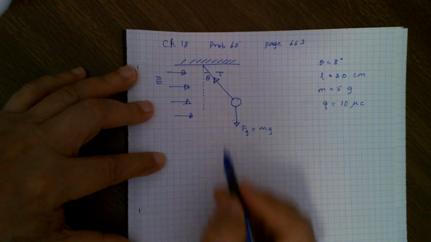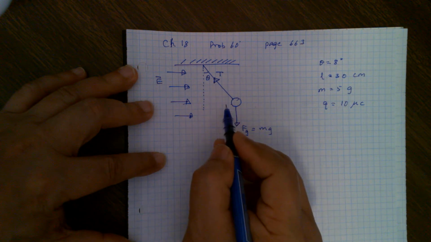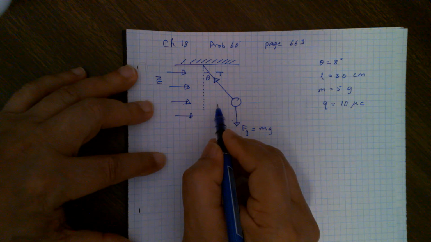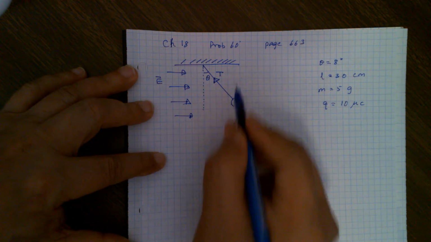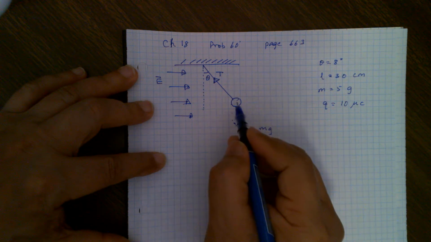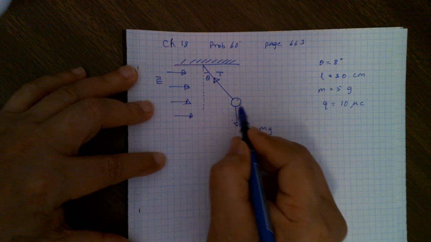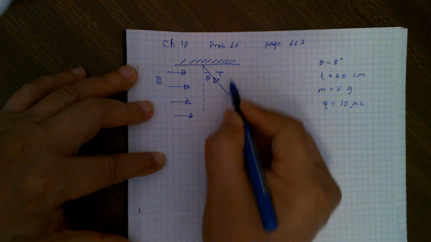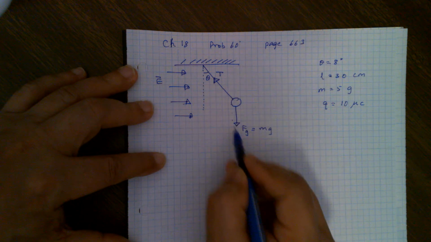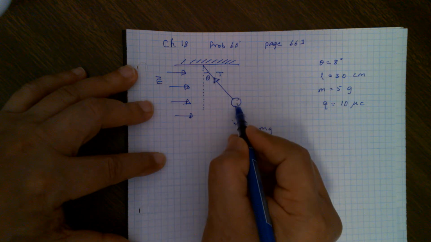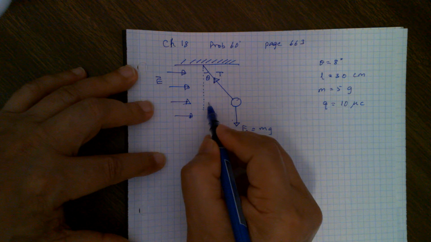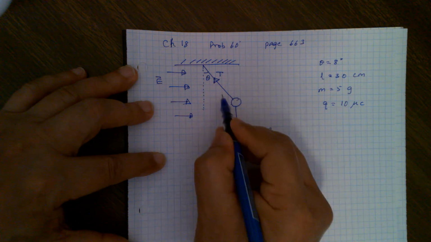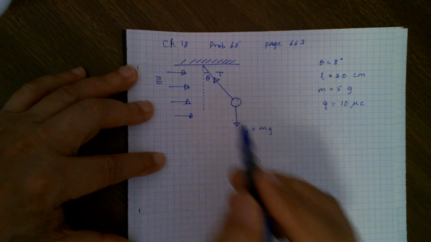Now, that tension T, I'm going to decompose it into two parts, X component and Y component. The reason is because if we take the origin of our coordinate system at this object, this is X axis, this is Y axis, then this T is not on the X axis nor on the Y axis, so that means we have to decompose it.